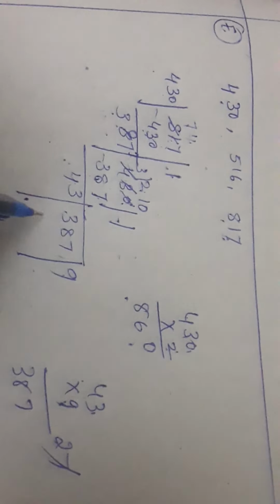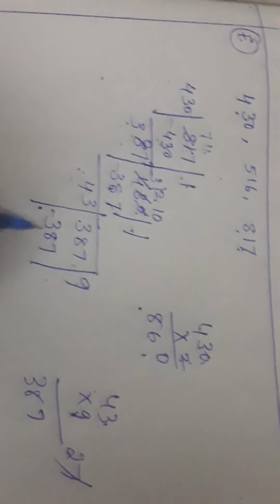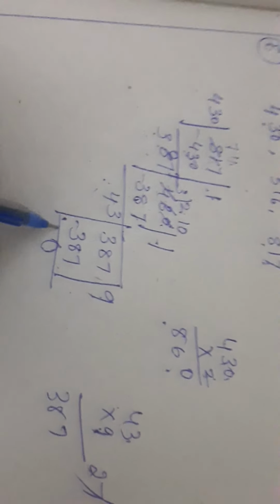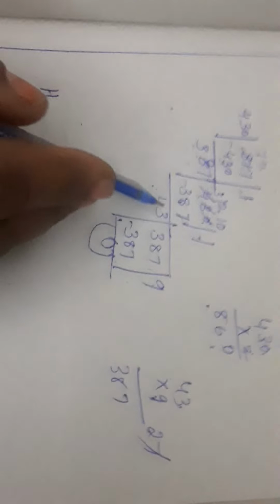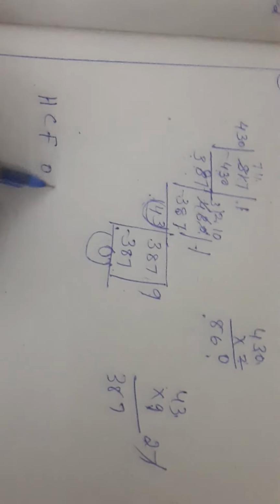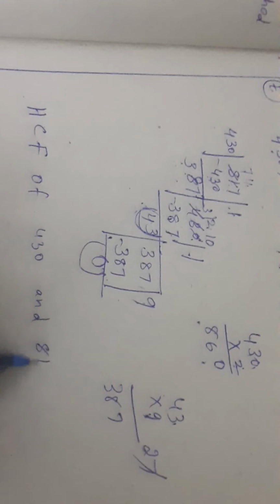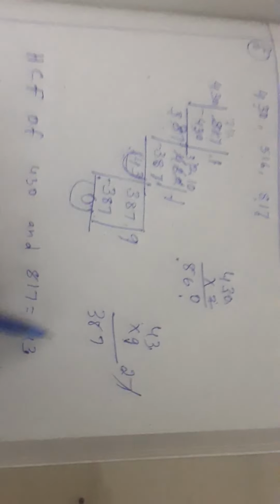So 9 into 43 is 387. This 387 minus 387 is 0. So here the HCF is 43. HCF of 430 and 817 is 43.